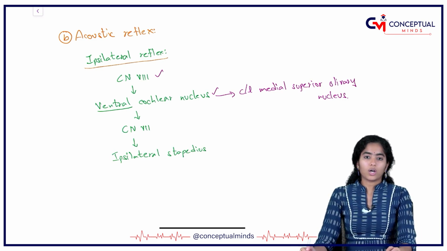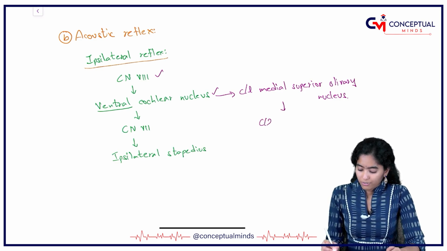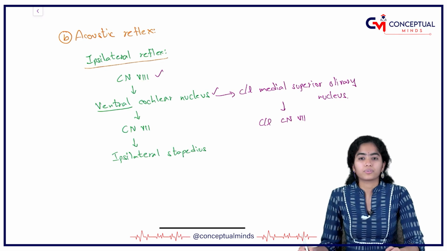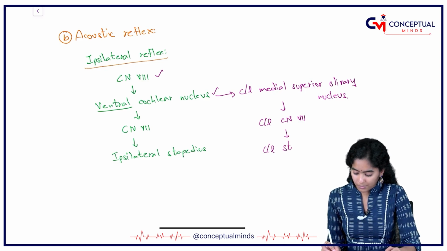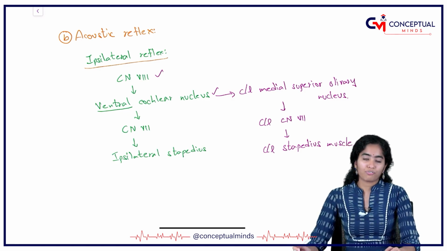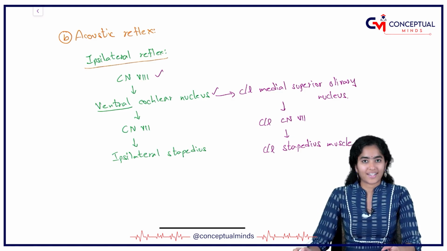From the superior olivary nucleus, the opposite side facial nerve, the seventh cranial nerve, is activated, and from there the opposite side stapedius muscle, the contralateral stapedius. The impulse is transmitted to the stapedius muscle of the opposite side also. This is the mechanism of acoustic reflex.